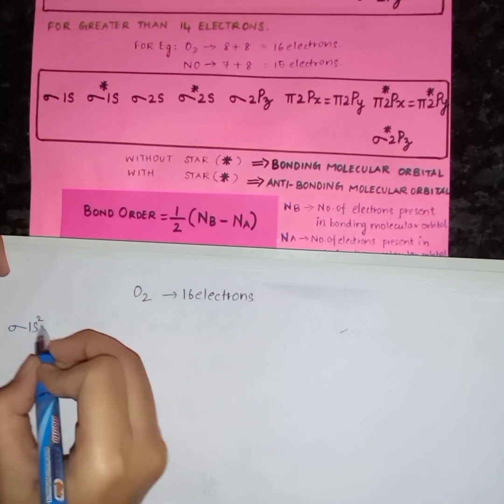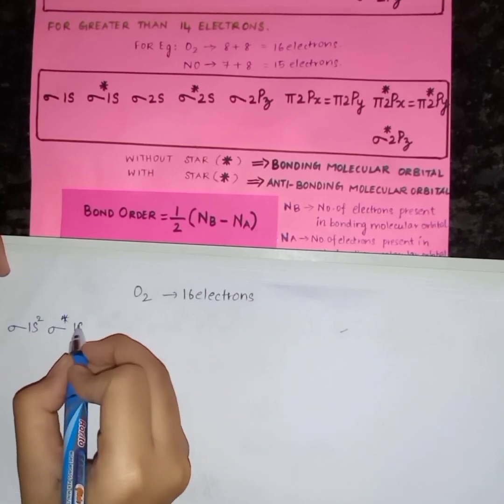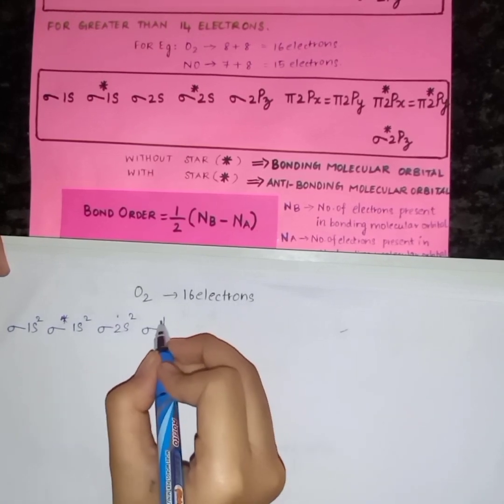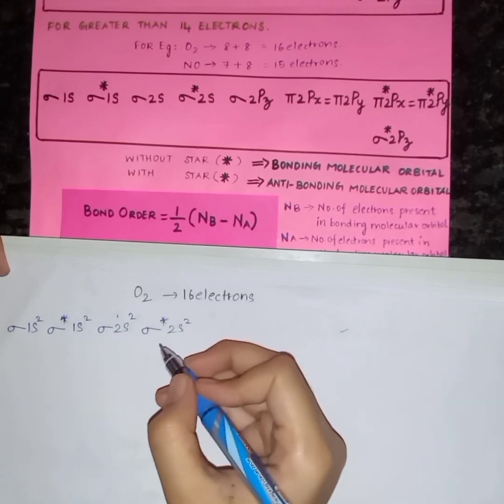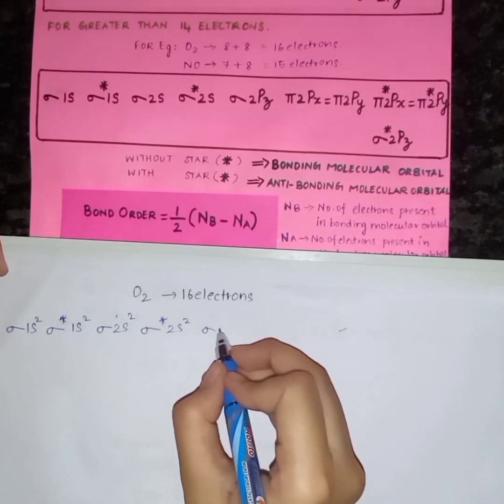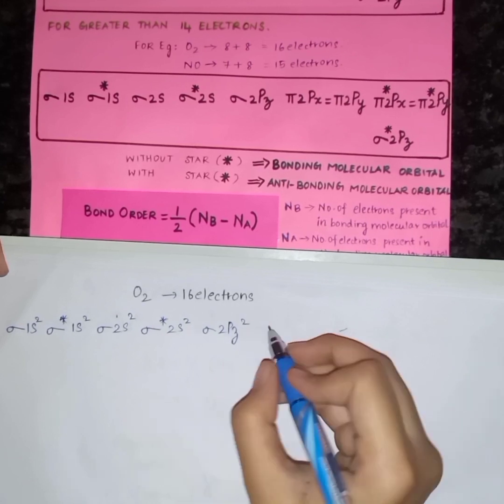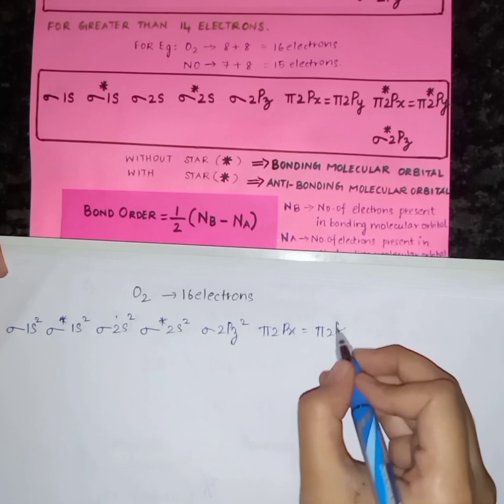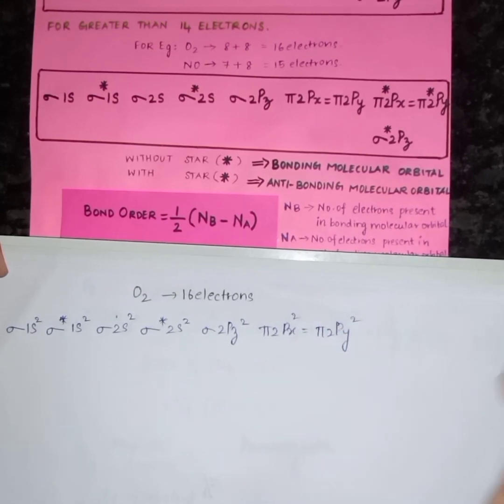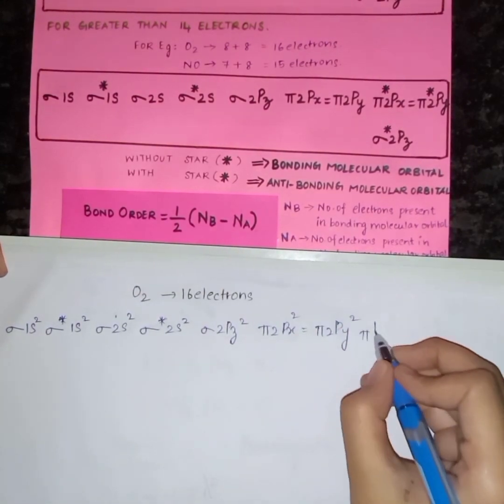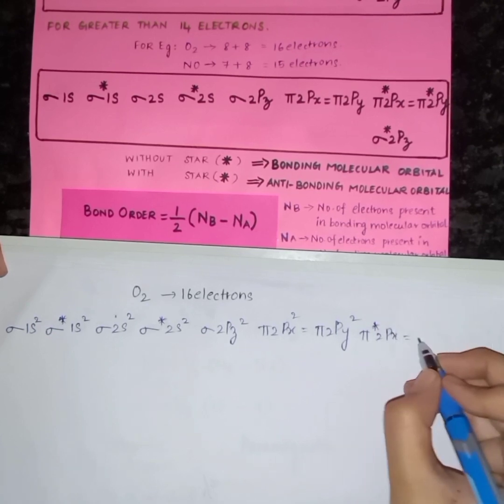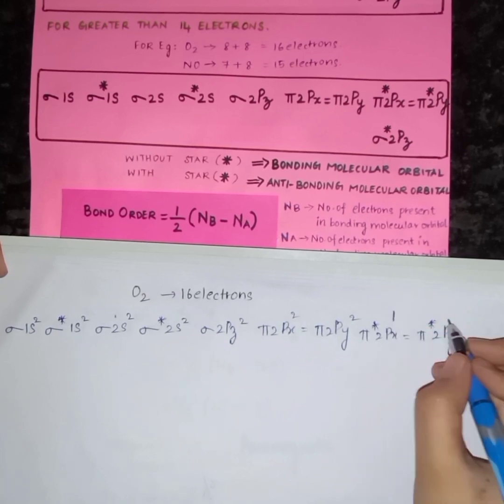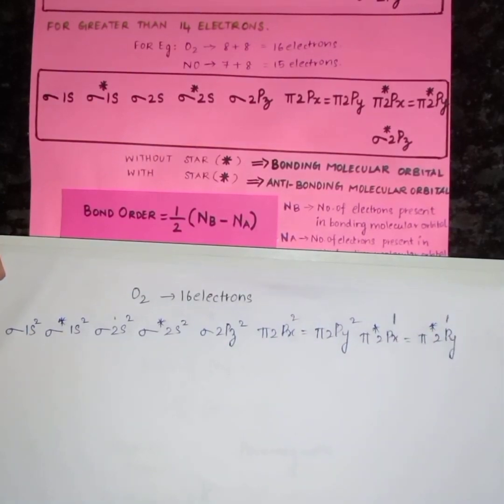Sigma 1s2, sigma star 1s2, sigma 2s2, sigma star 2s2, sigma 2pz2, pi 2px is equal to pi 2py, pi star 2px is equal to pi star 2py. Here one electron, here one electron.